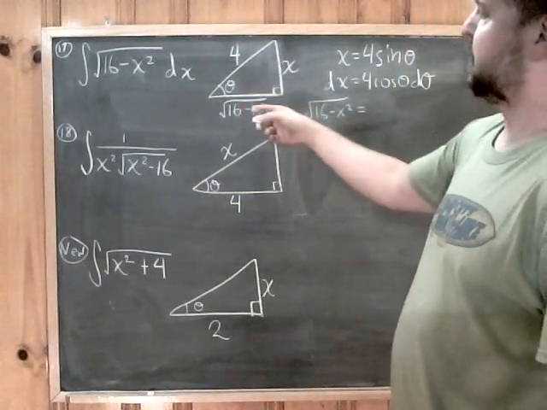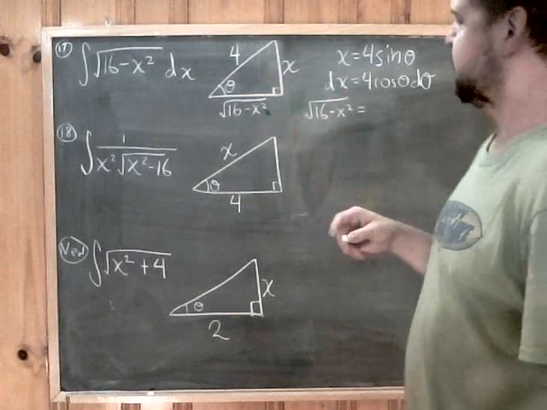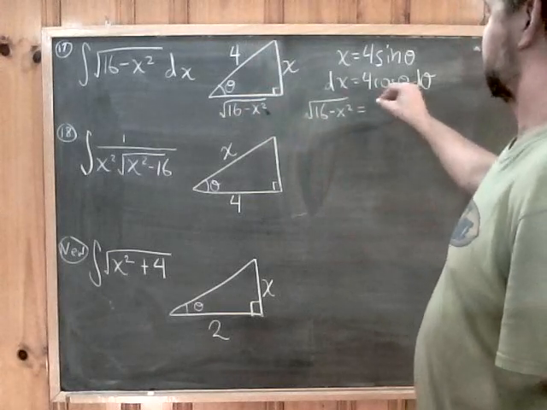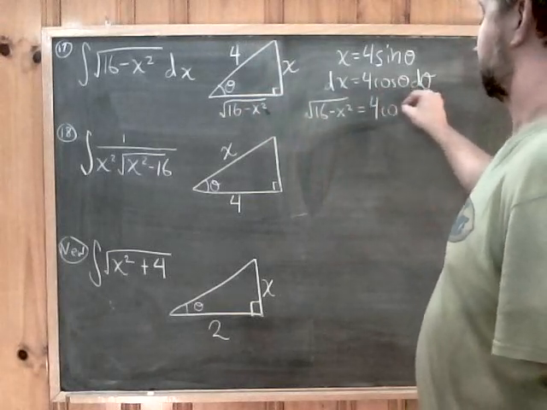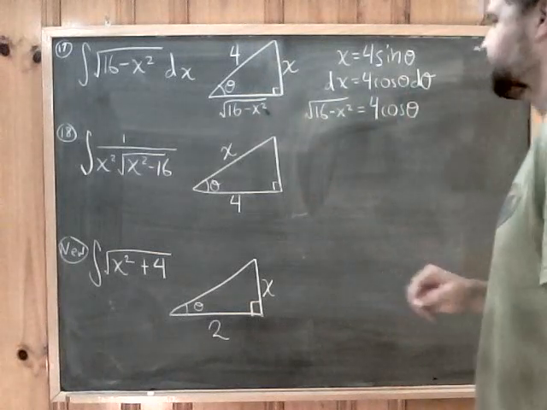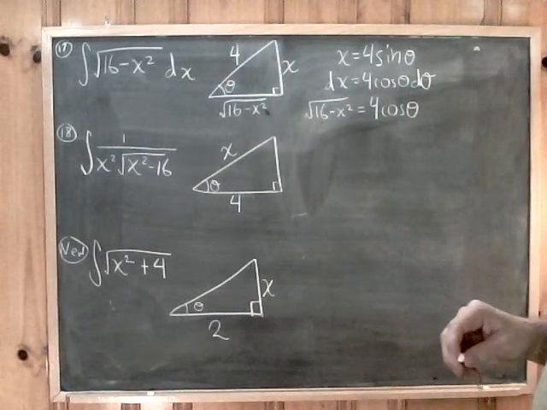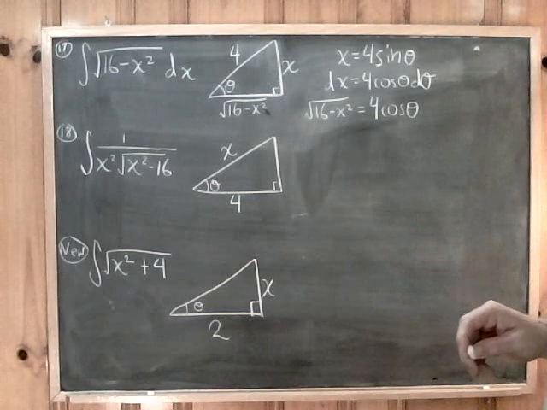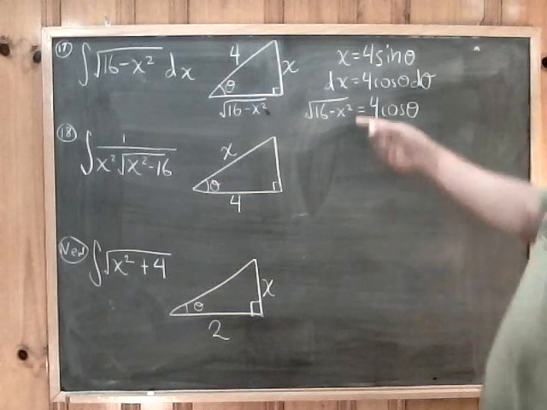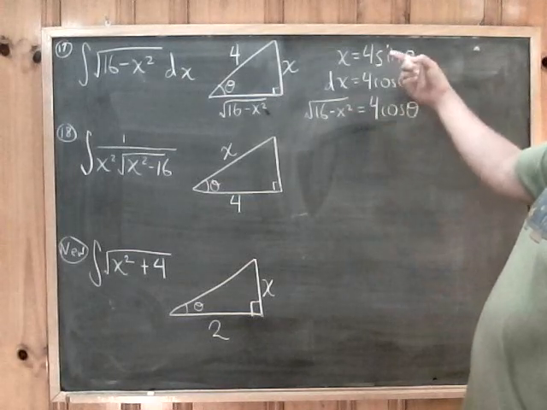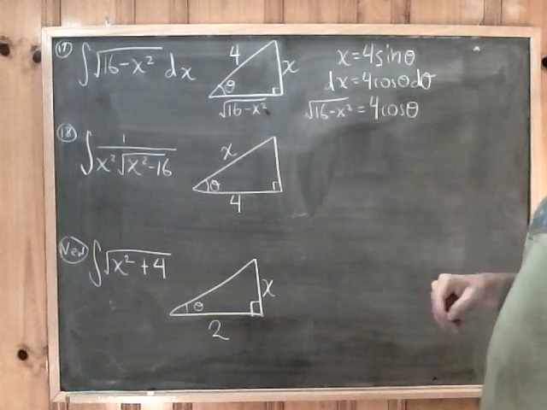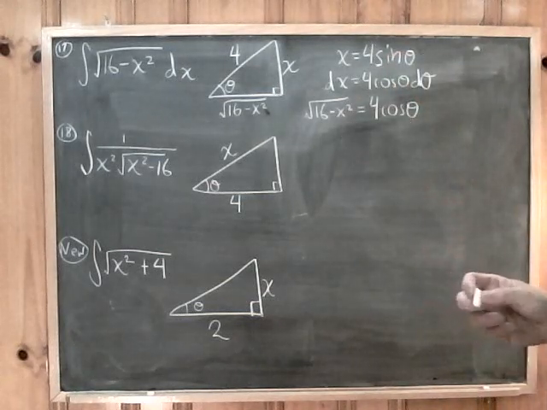Cosine is equal to the adjacent over the hypotenuse. So this is exactly equal to 4 cosine theta. Right? Which you can also get by plugging in 4 sine theta for x in this. Do it the algebraic way if you like.